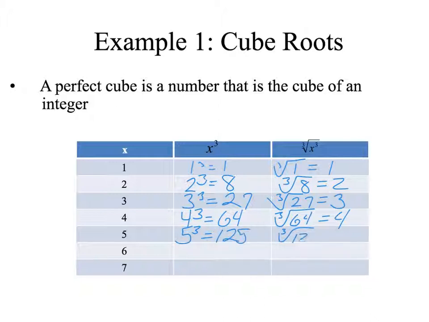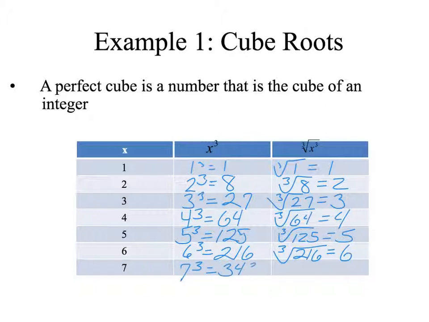The cube root of 125 is 5. 6 cubed is 216. The cube root of 216 is 6. 7 cubed is 343. And the cube root of 343 is 7.